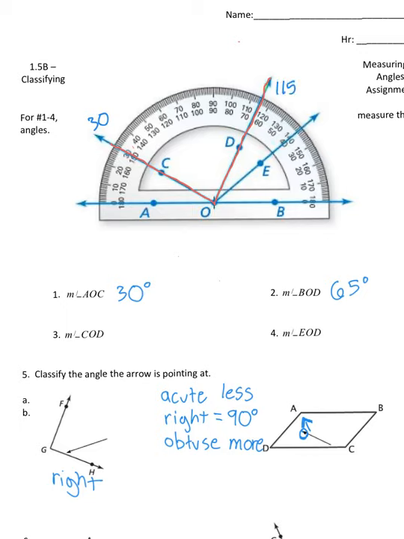So I could subtract 115 minus 30, and that will give me COD, which is 85. So measure COD would be 85. Thank you. Yes.